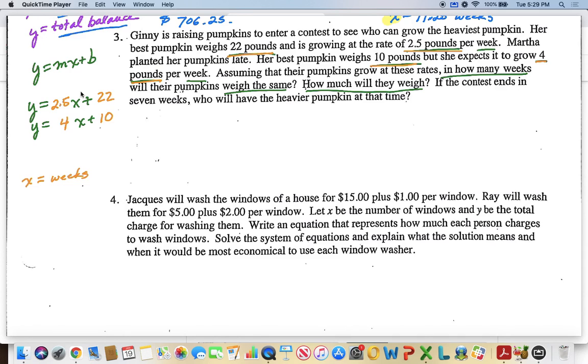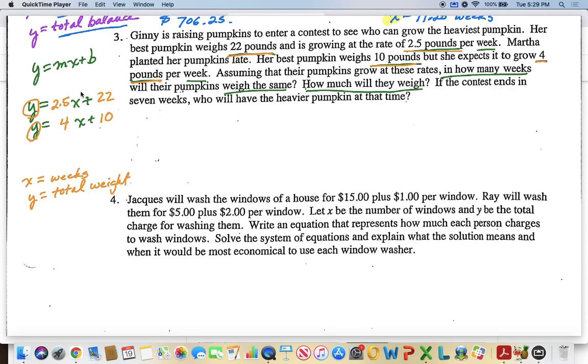So using the equal values method, we can assume that these two y's are going to be equal to each other because y is the total weight of the pumpkin. We're looking for the place where those two y's are equal to each other.